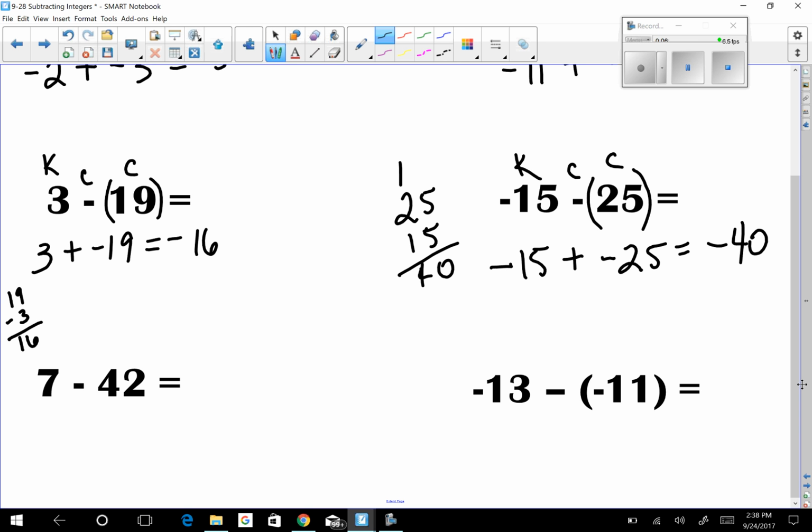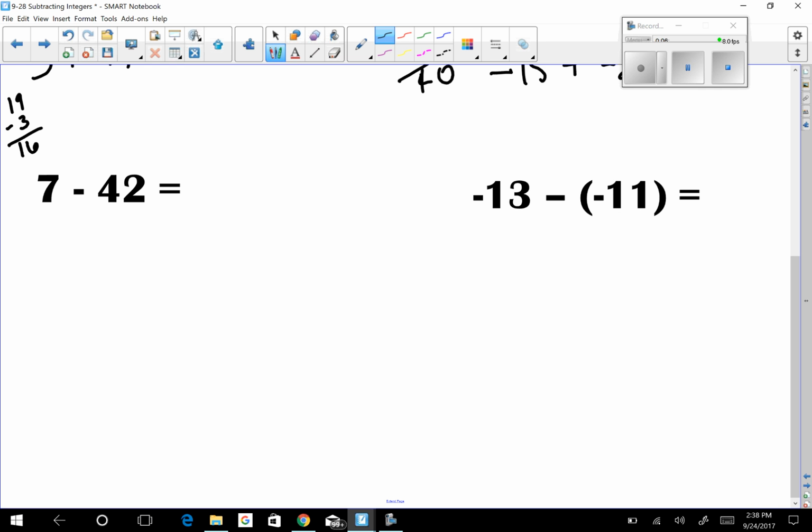A couple more examples here. Positive 7 minus positive 42. So keep, change, change. Keep the positive 7, change your subtraction to addition, change the sign of your second number to be the opposite. This is positive, so it becomes negative.